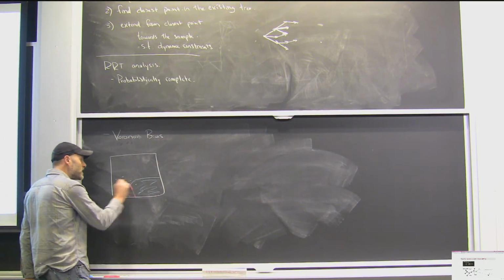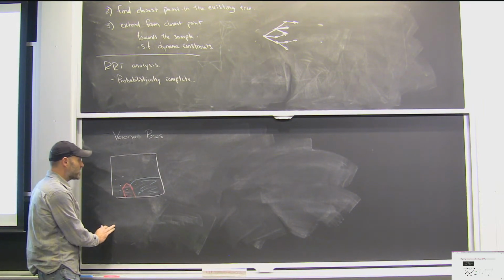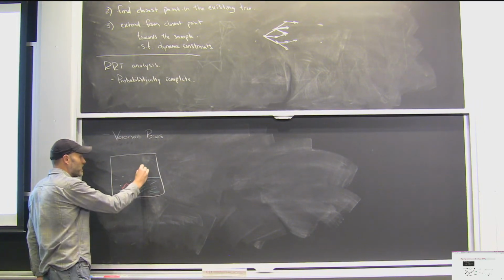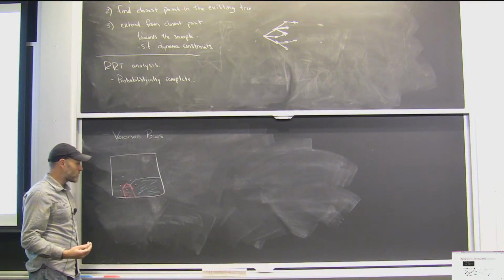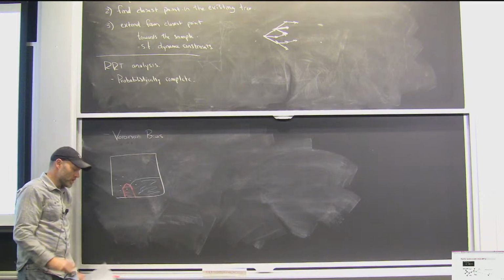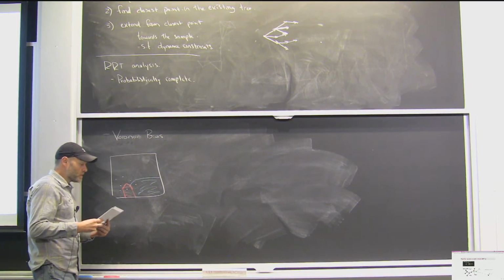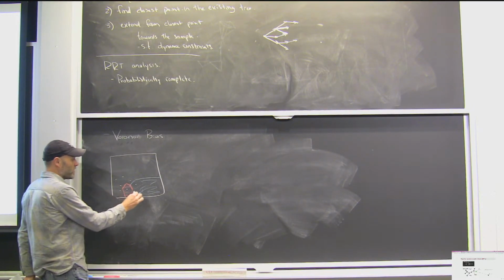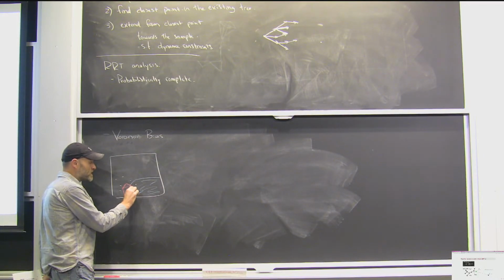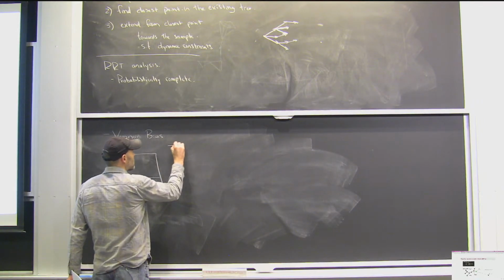So the RRT has this amazing property, if you will. It's a very simple algorithm, but it has an important step. That pick a random point and grow towards it is an important step, which gives it this property of the Voronoi bias. The Voronoi bias says, first of all, that the probability of expanding some node is proportional to the volume of the Voronoi region. Okay?